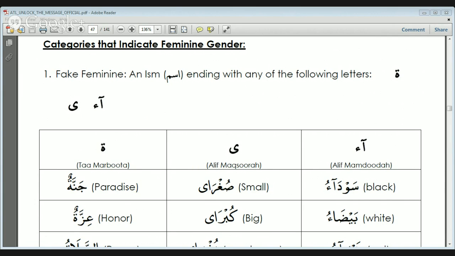The idea is that you use the feminine if you can't use the masculine. Here, you can use hamil generally for anyone who's carrying something. For example, hamilu shay, he's carrying something, or hamilatu shay, she's carrying something. But when referring specifically to pregnancy, they refer to her as hamil.